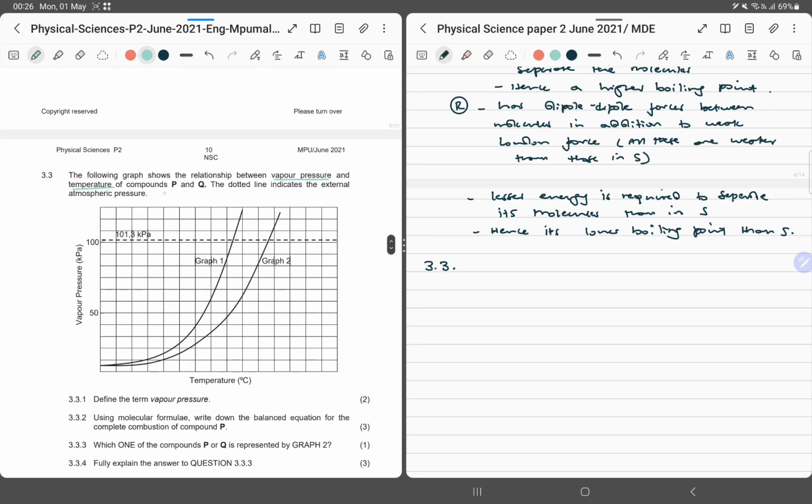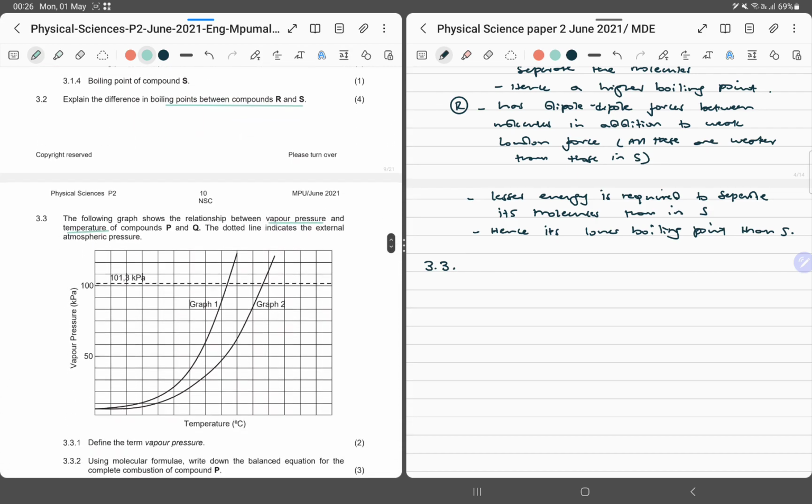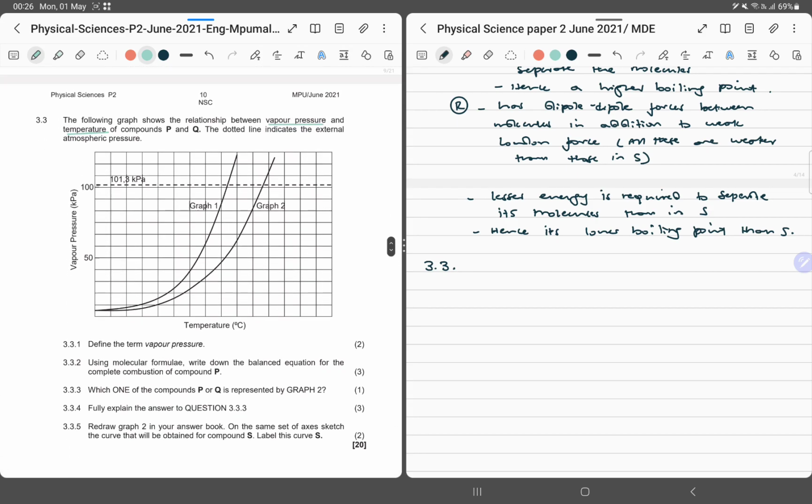Of course, P having a higher boiling point than Q because Q is branched, assuming a more globular shape and a shorter distance for the action of intermolecular forces, leading to a lower boiling point for the same molecular mass. Okay, the dotted line indicates the external atmospheric pressure. Okay, not a problem.